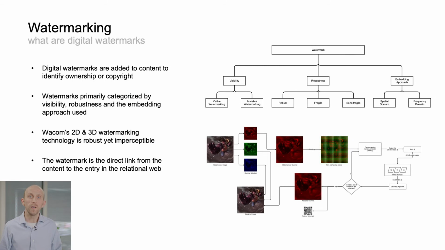A digital watermark is a marker that is added to digital content, normally to identify ownership or copyright of a particular piece. In general, the taxonomy of digital watermarking schemes is ordered according to visibility, robustness, and the embedding approach that has been taken. Visibility refers to how perceptible a watermark is to the human eye, where in general a less perceptible watermark tends to be less robust than a visible one.